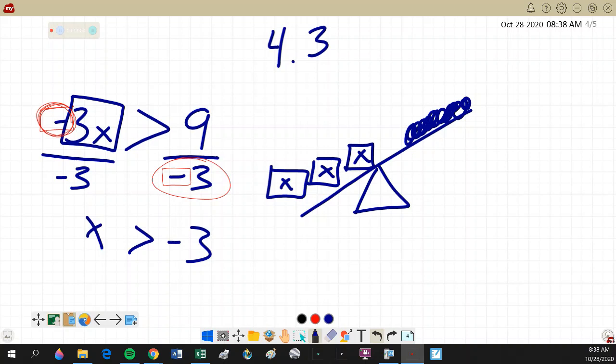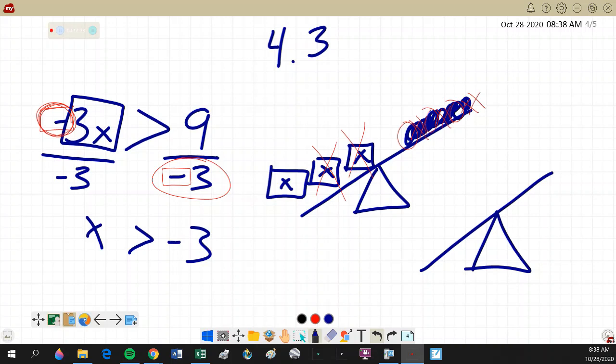That's what a negative would do, right? So I get rid of 2/3. So keep 1, throw out 2. Keep 1, throw out 2. Keep 1, throw out 2. What does my new balance look like?